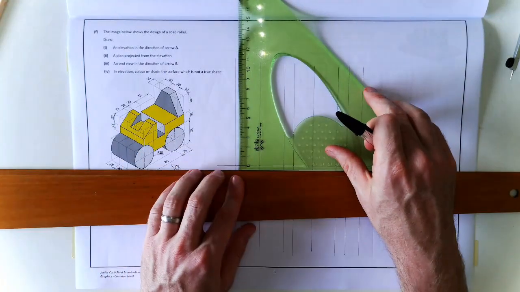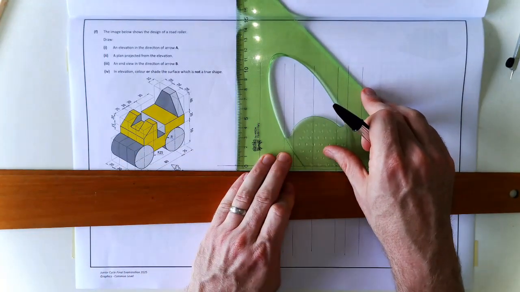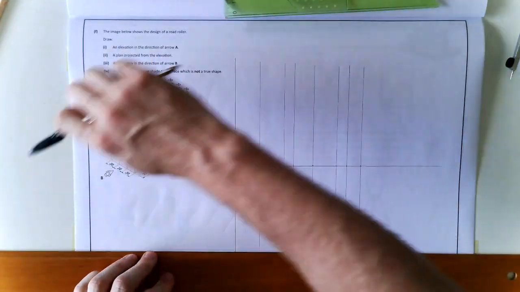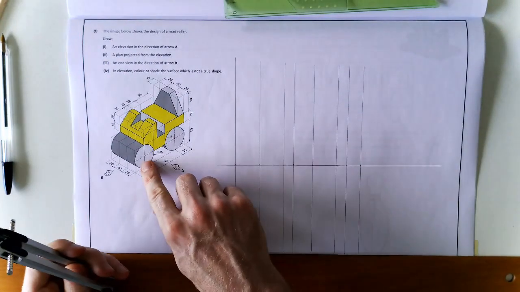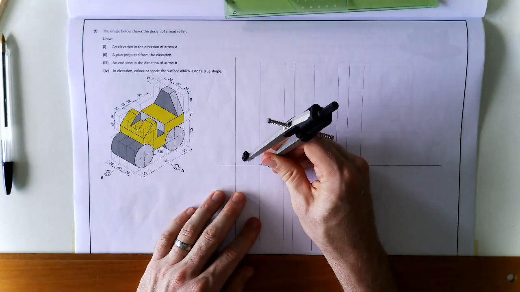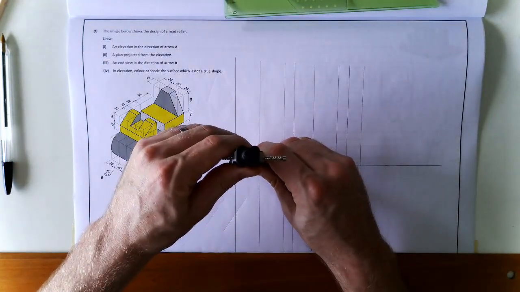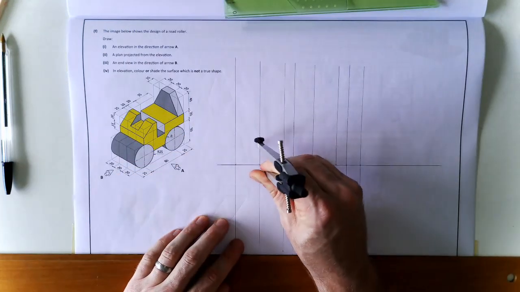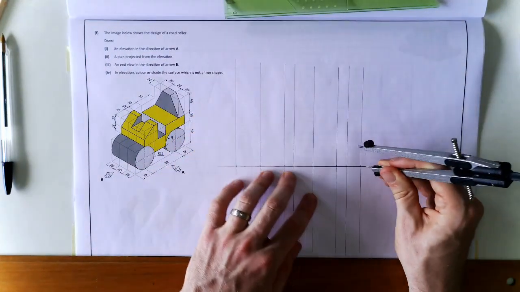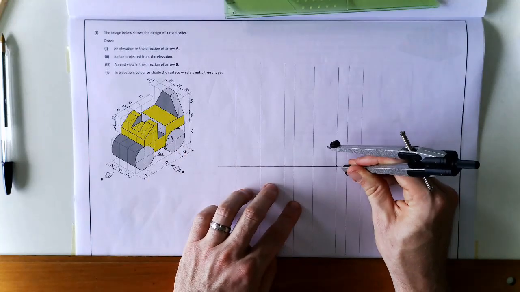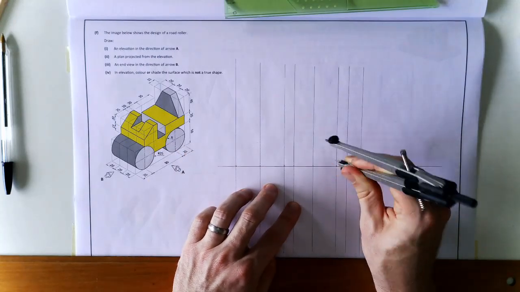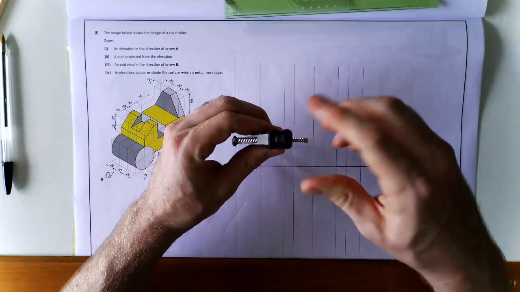Just to make it easier for you, we'll mark off our wheels, our rollers. So there, 25, here's the center of it, the other 25, we'll draw those in.